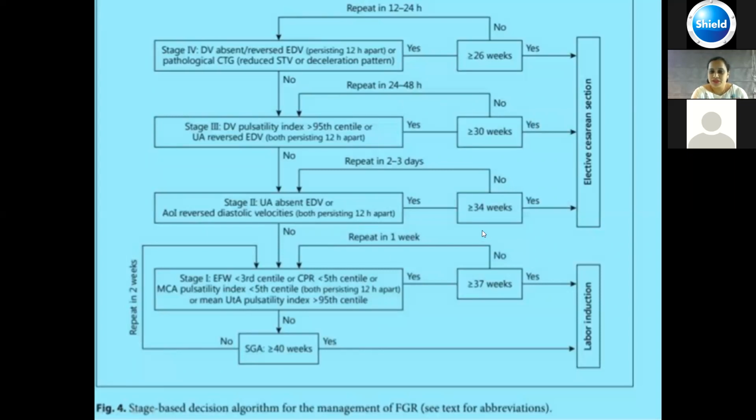Stage 2: if it is greater than 34 weeks and we see umbilical artery Dopplers absent or reversed, yes, we need to deliver. Even if it is greater than 30 weeks, if we see stage 3 changes like ductus venosus changes or reversed umbilical arteries, no point, we have to deliver.